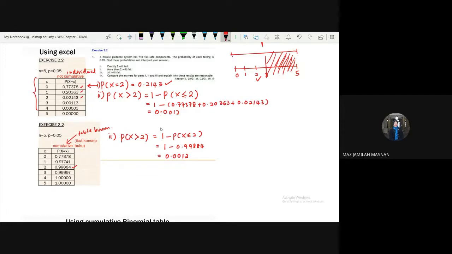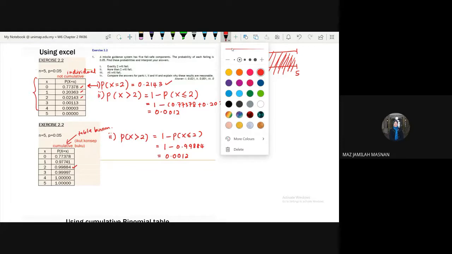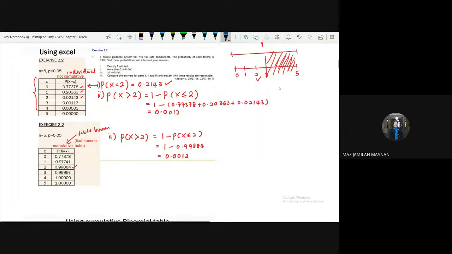How do we interpret in this case? When we interpret our probability value, we have to multiply by 100. So multiply by 100, you will get 0.12%. How are we going to interpret?